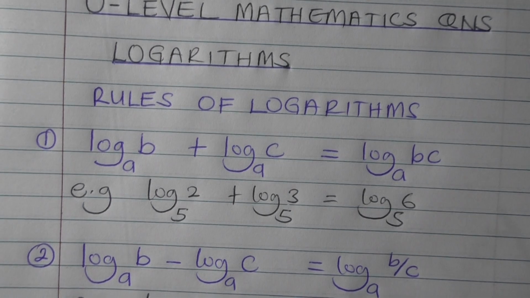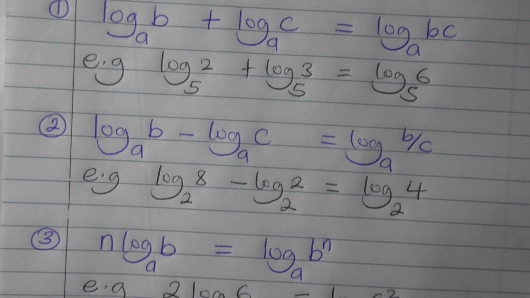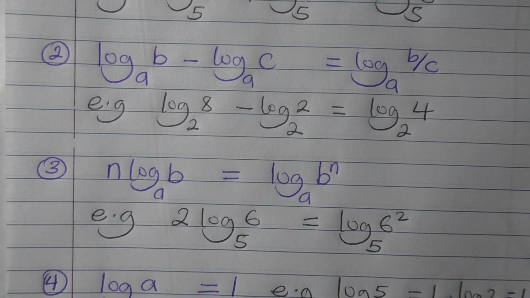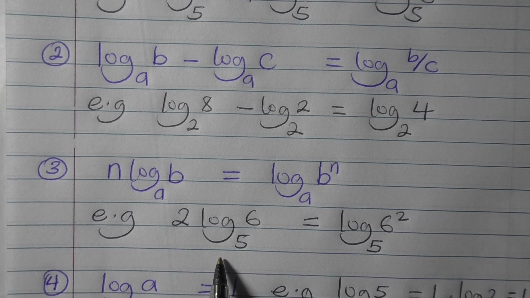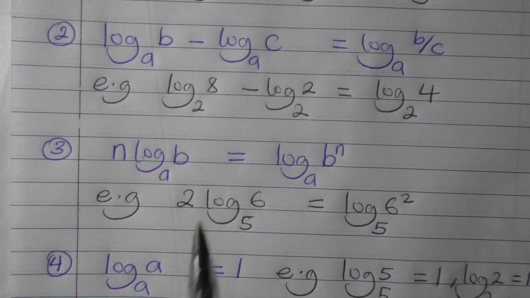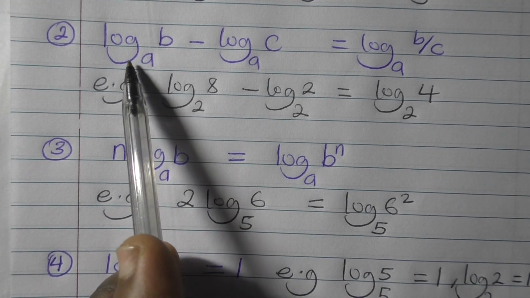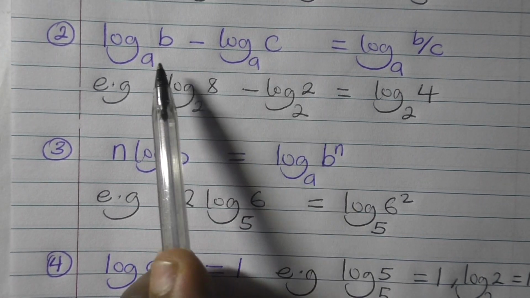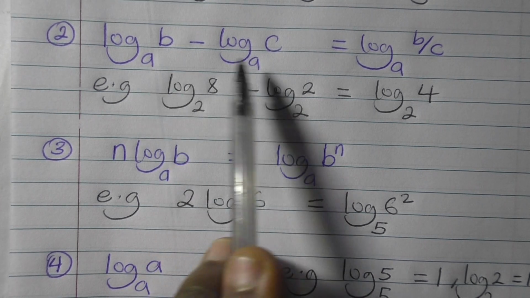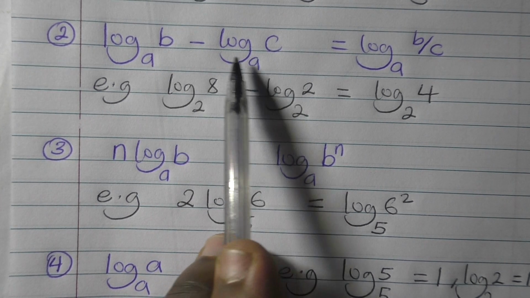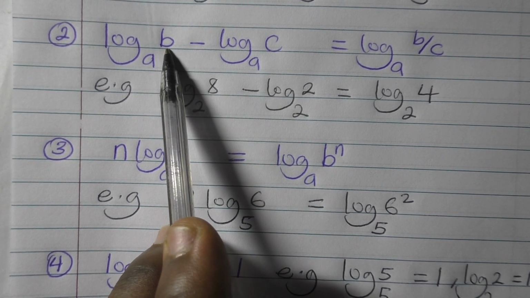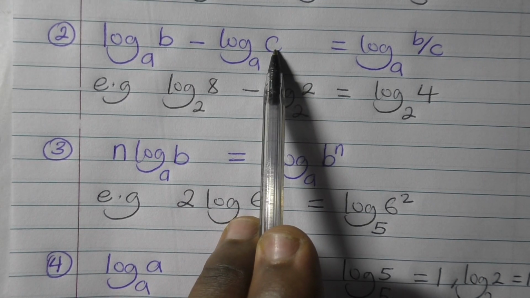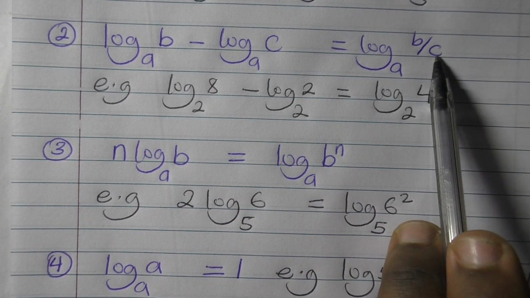The second law says, if at all I'm subtracting, that is to say, if I have log a b minus log a c, the bases should always be the same. Then I will divide b by c to get log a b over c.